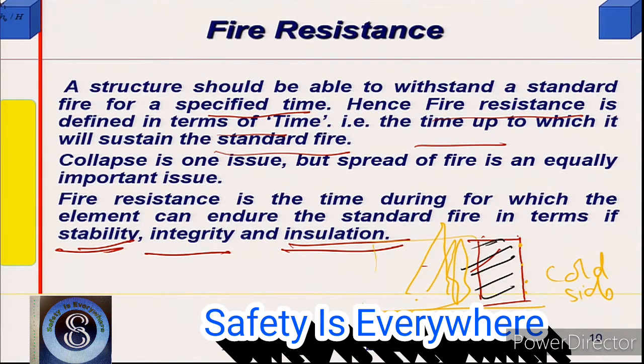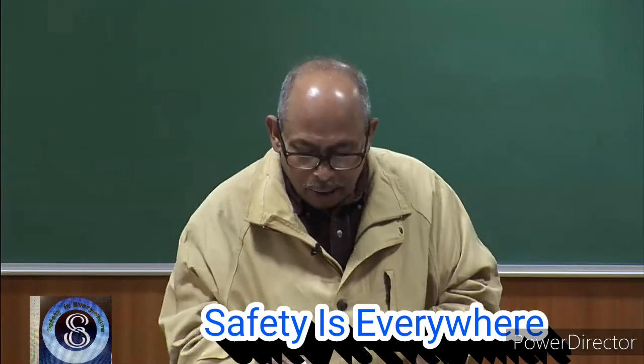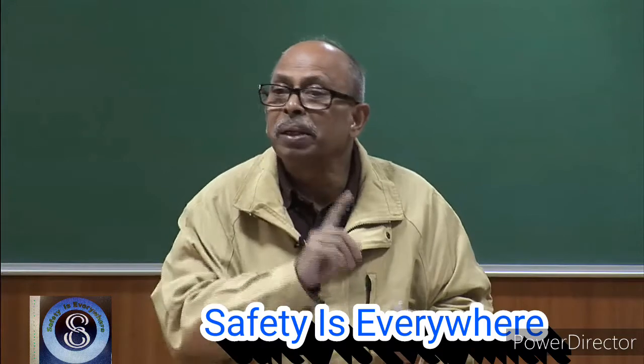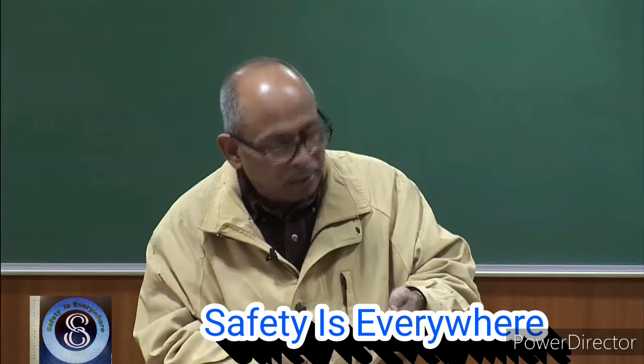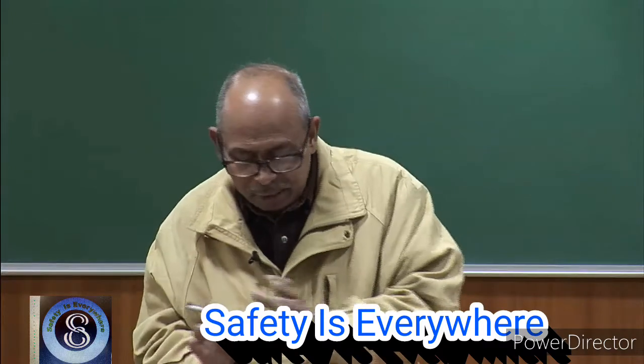You have a control room with a computer control system. You have to see that it maintains the standard time-temperature curve, T equals T0 plus 345 log10 (8t plus 1). So you need a controller, it is a controlled system. The cold side temperature you measure, and on the hot side you will have thermocouples and continuously measure the gas temperature, because that is how it is defined, in terms of gas temperature, not surface temperature.